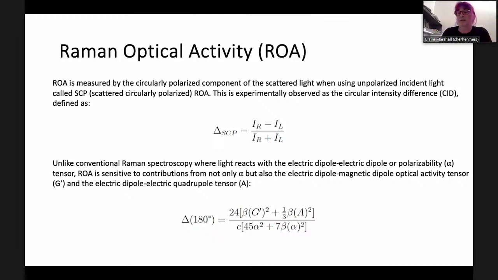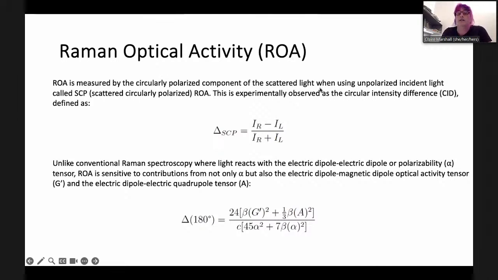Because I only have a 10-minute talk, as much as I love talking about math equations, I'm just going to put some relevant equations here. Some of these explain what ROA is, but some are also needed to be considered for instrument development and design. First of all, Raman optical activity utilizes circularly polarized light.